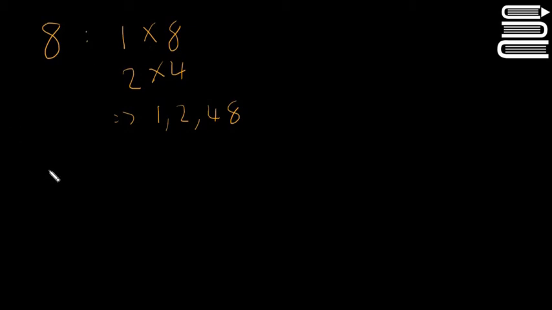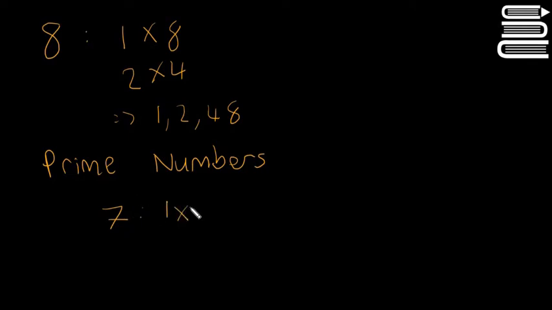Then we're going to go into prime numbers. Hopefully my handwriting is okay. Prime numbers are numbers that have no factors except themselves and 1. An example is 7. There are no two numbers that you can multiply by each other to get 7 except for 1 by 7.